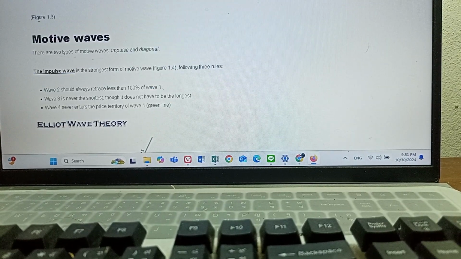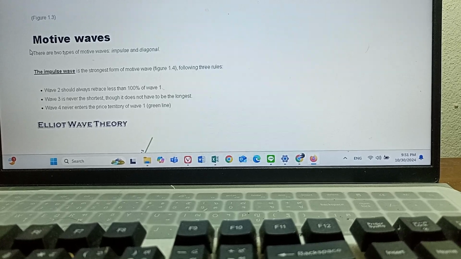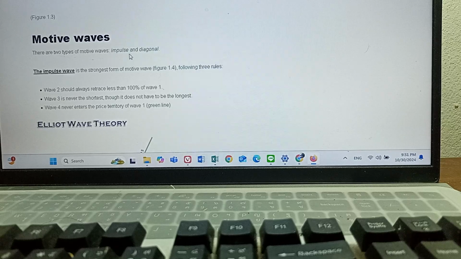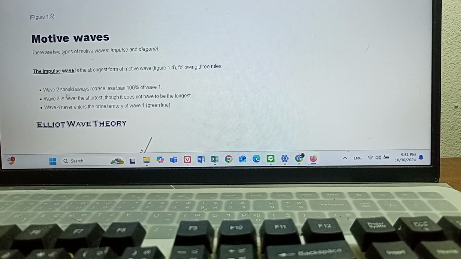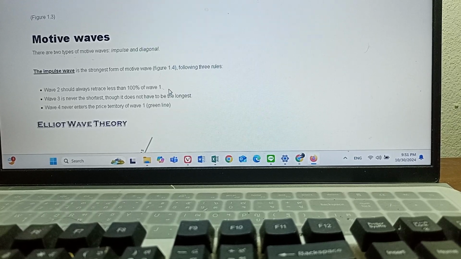Figure 1.3. Motive waves. There are two types of motive waves, impulse and diagonal. The impulse wave is the strongest form of motive wave, figure 1.4, following 3 rules. Wave 2 should always retrace less than 100% of Wave 1.